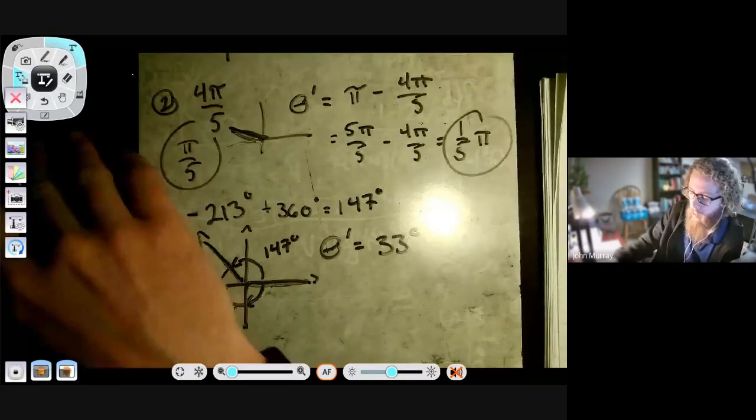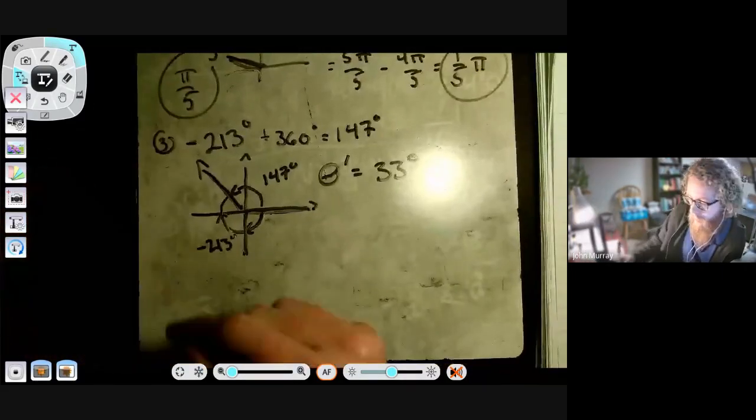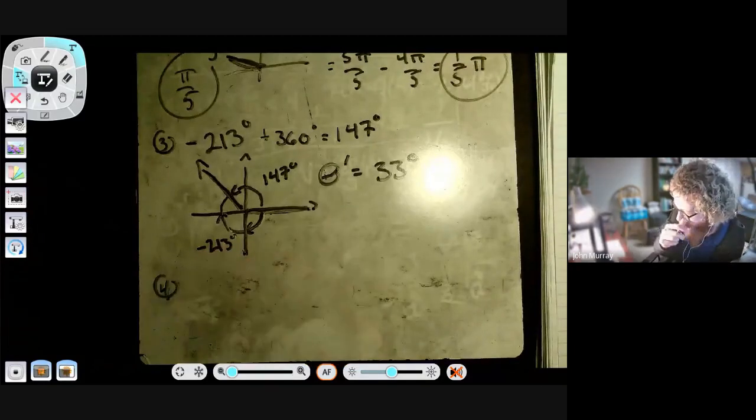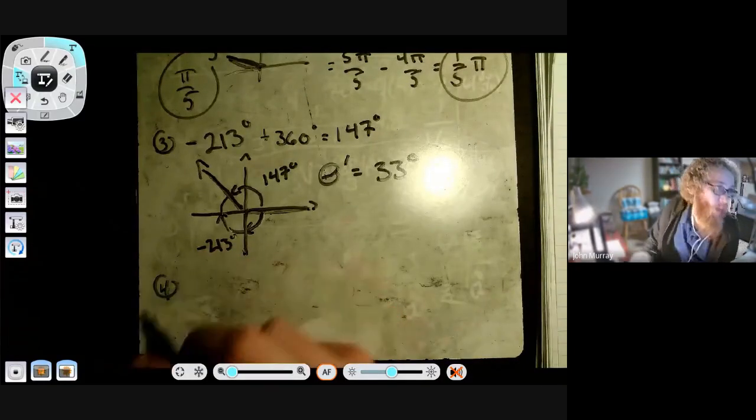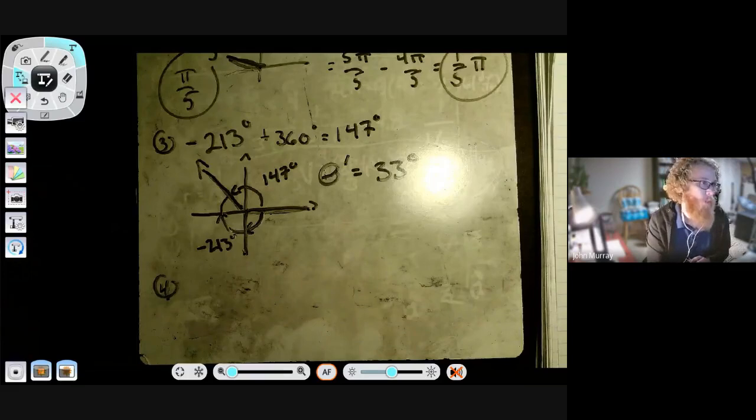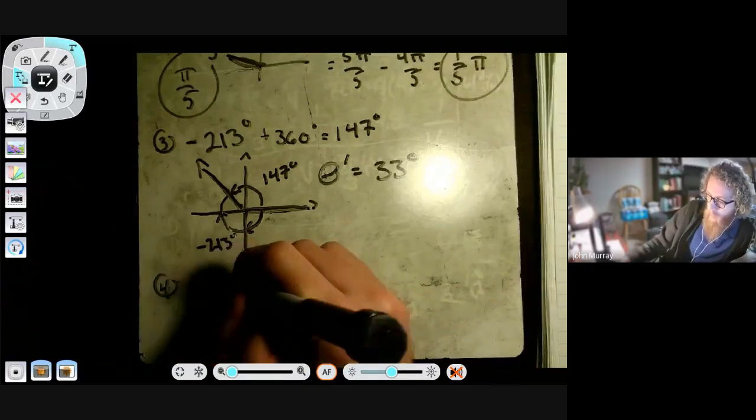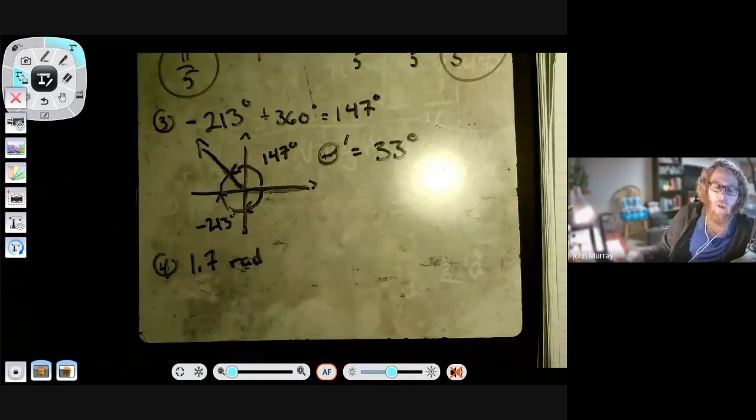All right. And then our last one, like I said yesterday, you won't see this too often, but I did want to give you some practice with it. Okay, yeah. We have 1.7 radians.